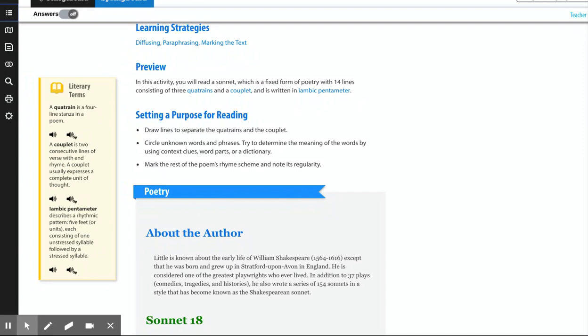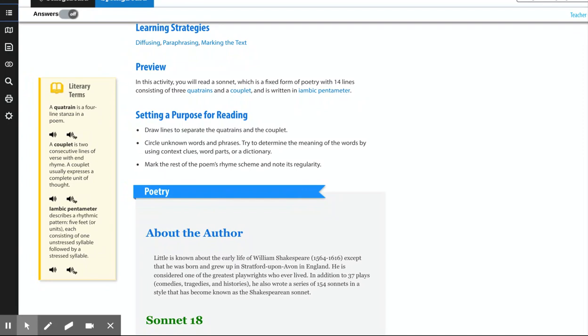A quatrain is a 4-line stanza in a poem. And basically a stanza is a lot like a paragraph. So poetry, we use verse and stanzas. In other kinds of writing, we use prose and therefore paragraphs. So a stanza with 4 lines is considered a quatrain.